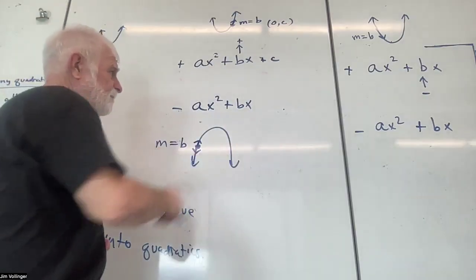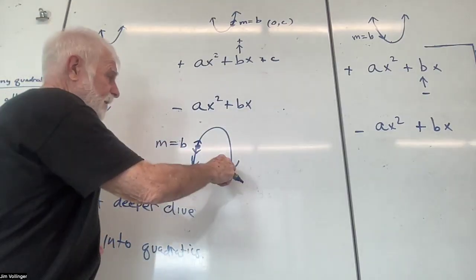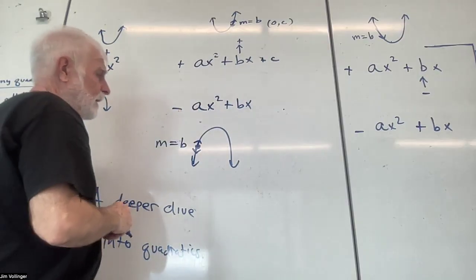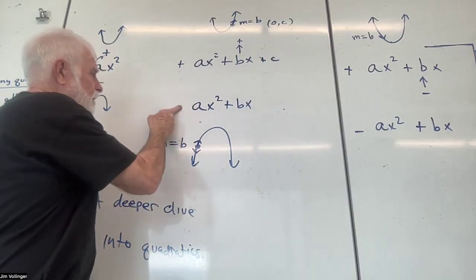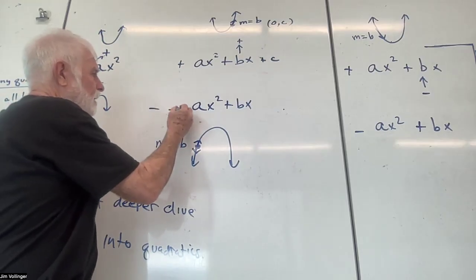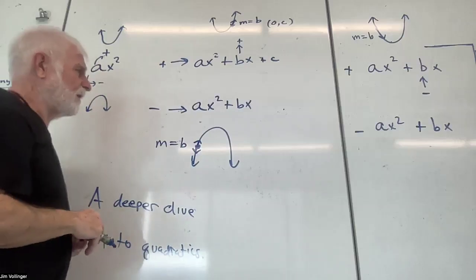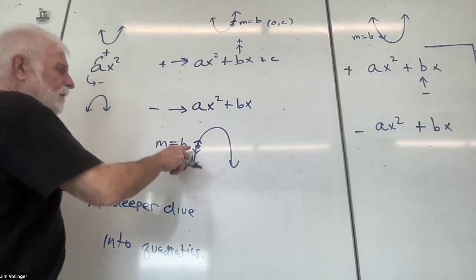Now negative ax squared plus bx: cup shape down because we have a negative a term. I probably should have put a positive a term first. All right, so we're on the upside.